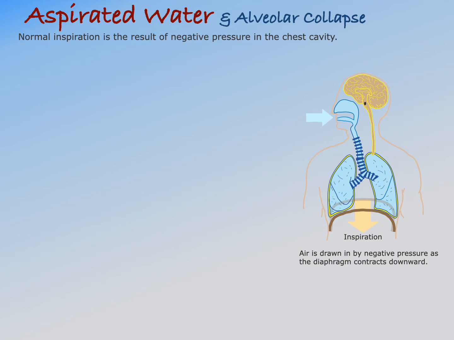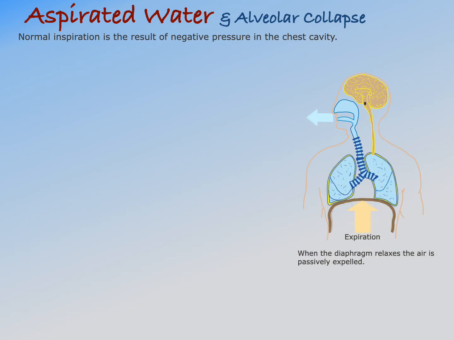Air is drawn in as the diaphragm contracts downward. So the diaphragm contracts downward and air comes rushing in. That's normal inspiration. It's negative pressure, because the diaphragm has moved downward. And then in expiration, the diaphragm relaxes, and the air is passively expelled.